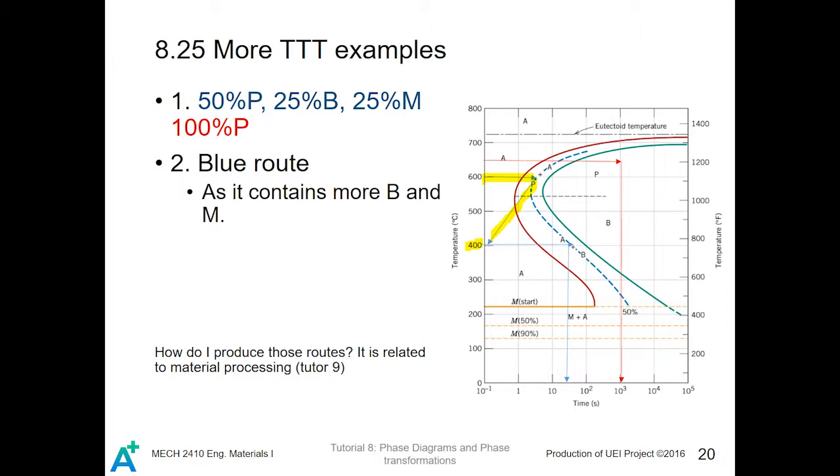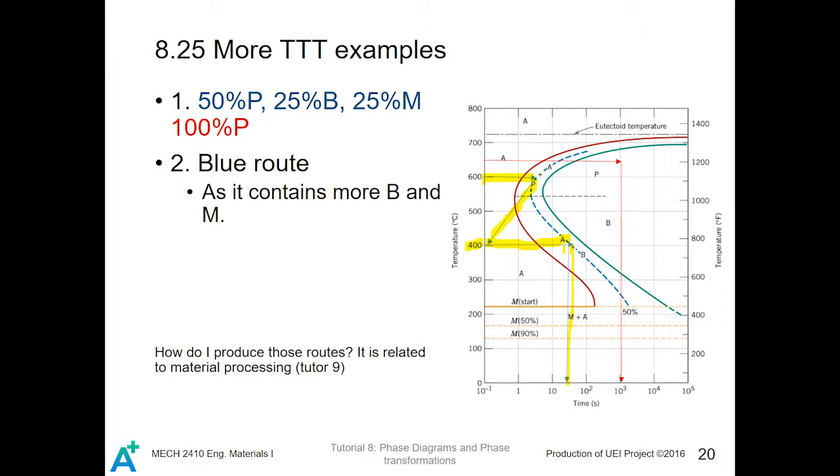That's why 50% of the 50% austenite will be changed to bainite according to the third line here. And the rest of them, according to this curve, will be changed to martensite.